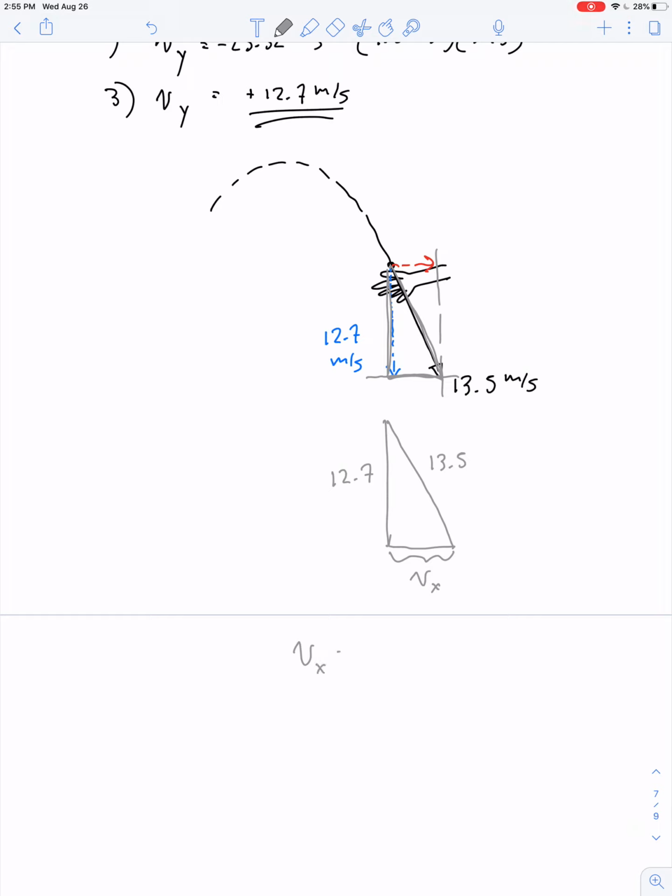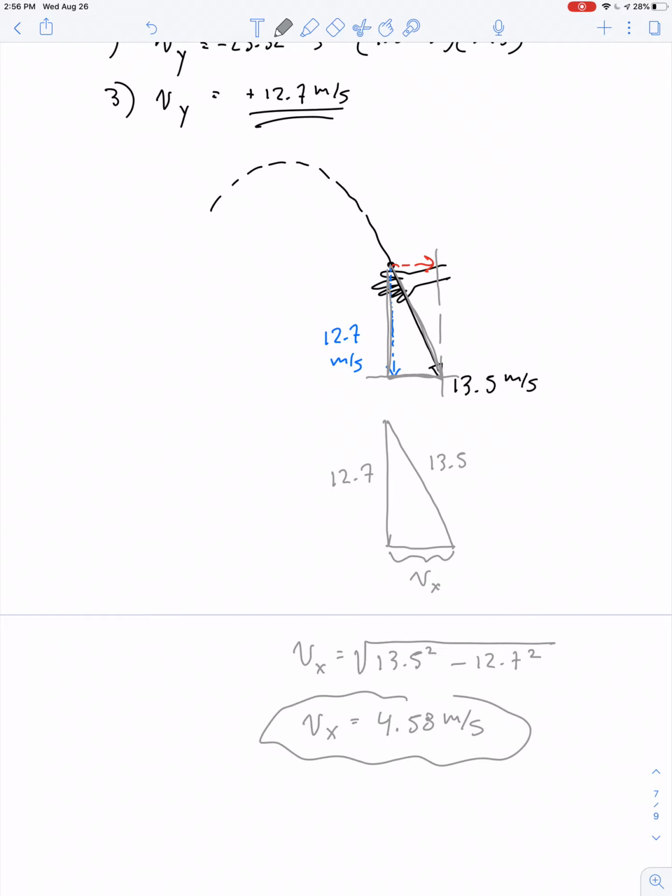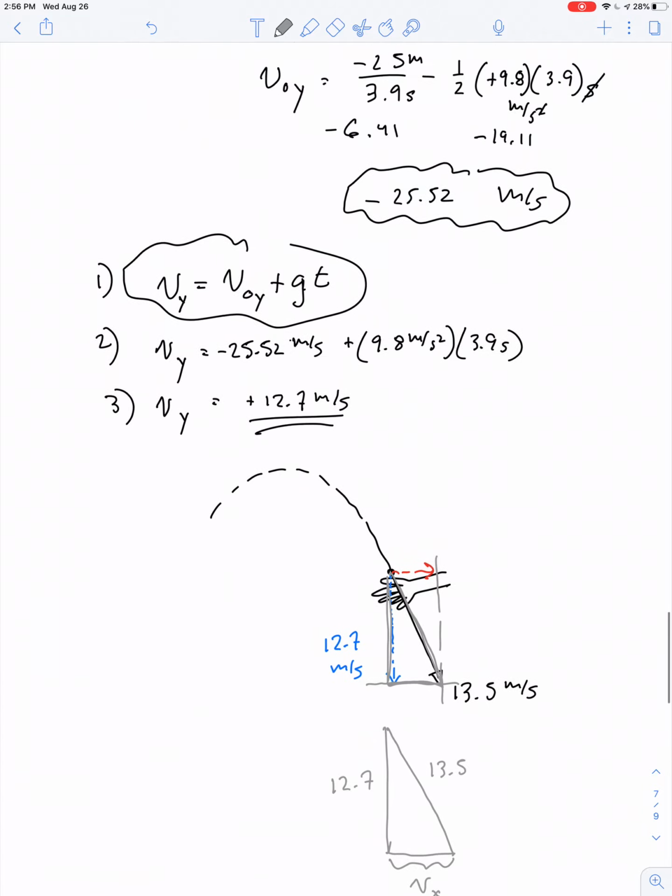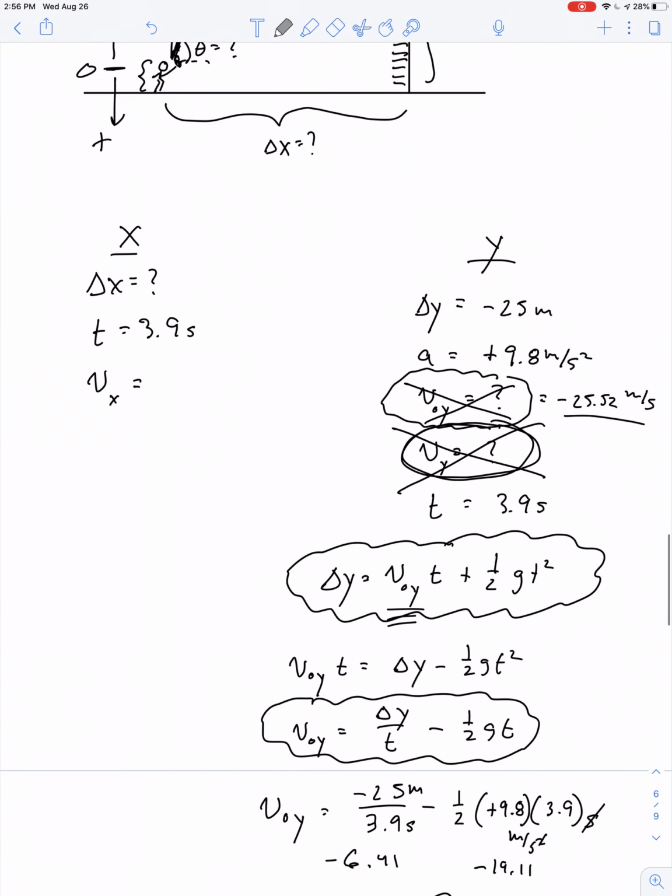And so Vx is equal to the square root of 13.5 squared minus 12.7 squared. And we get a value for Vx of about 4.58 meters per second. Okay, so we can take that information and put it back into our list. This is 4.58 meters per second.